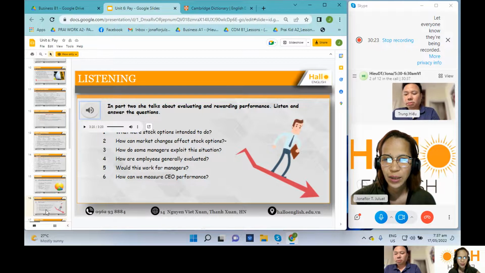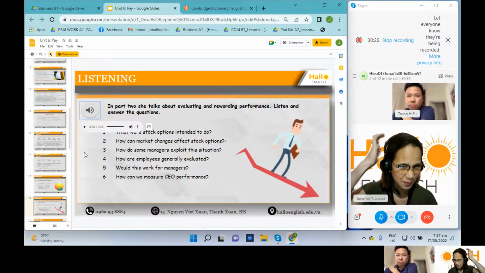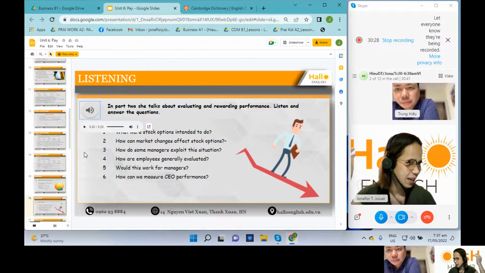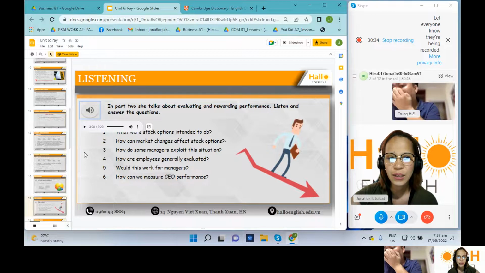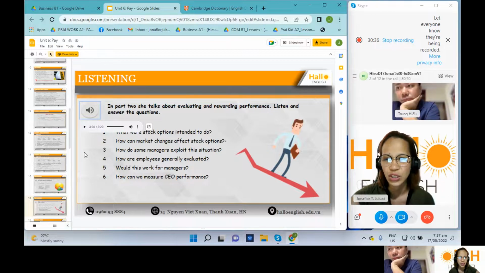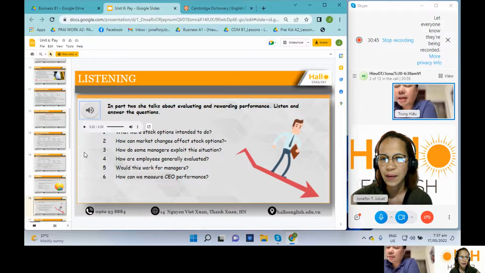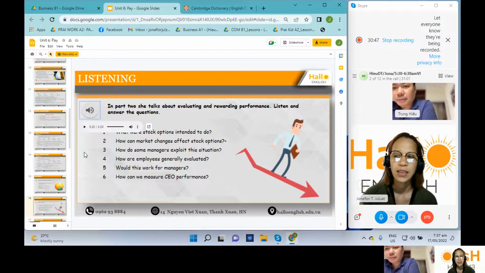How are they generally evaluated? The kind of motivation. They would treat managers in the same way as the other employees, right? Because they are generally keen.